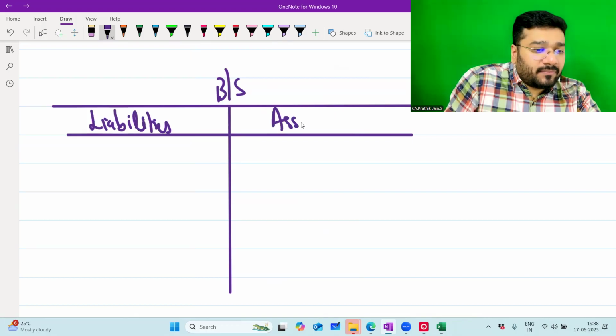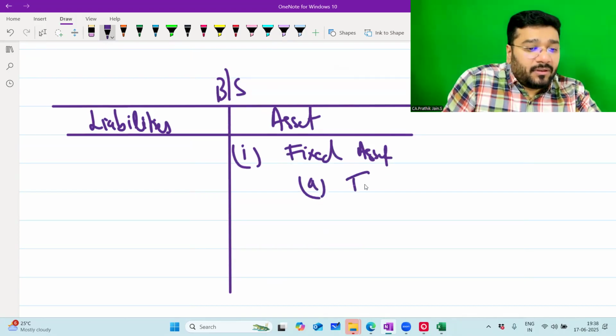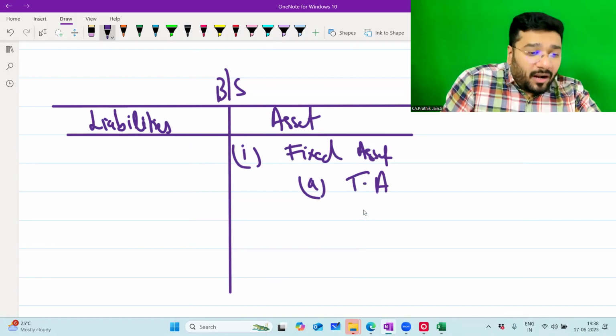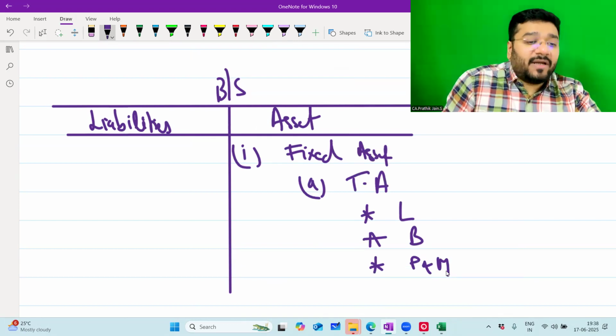Right hand side, assets. Under assets, the first classification is fixed assets. Under that, you have tangible assets. Under that, you have land, building, plant and machinery, furniture, fixtures, etc.